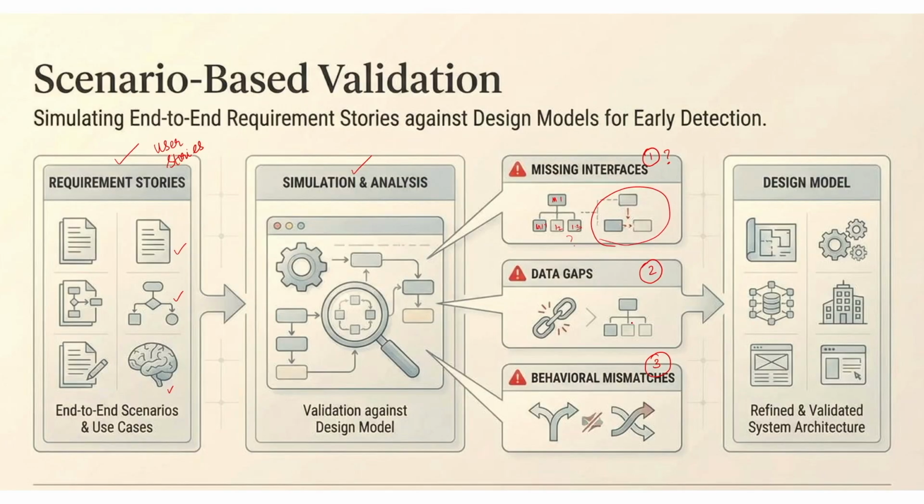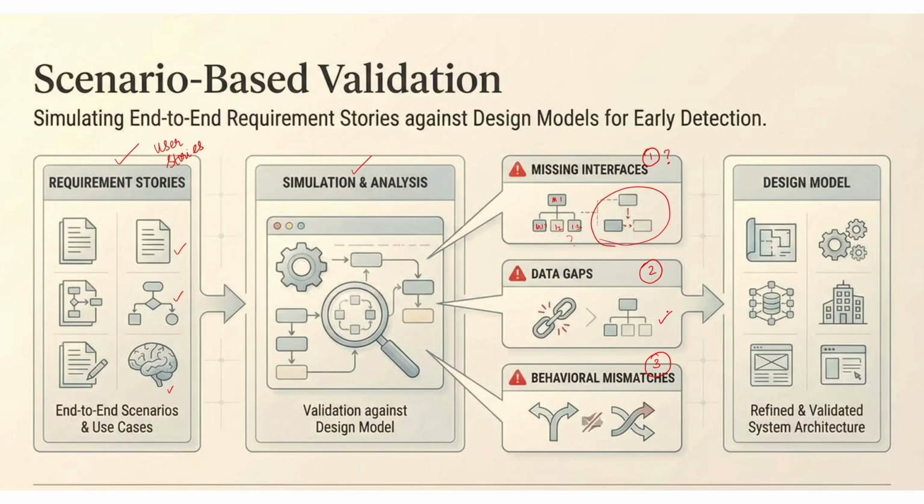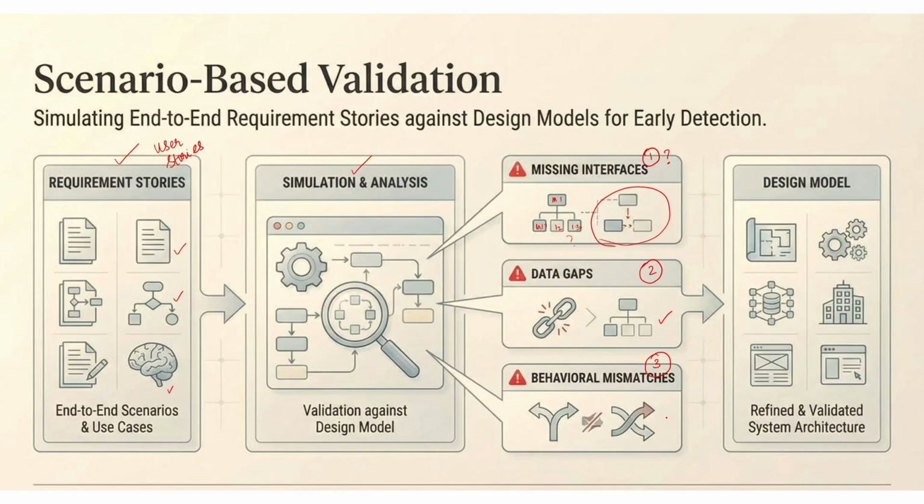Second is data gaps. Sometimes the data that is available will not be taken correctly. That could also be verified with this scenario-based validation. Next is behavioral mismatches. You expect one behavior, but the software is behaving in a different way. That could also be taken care of.